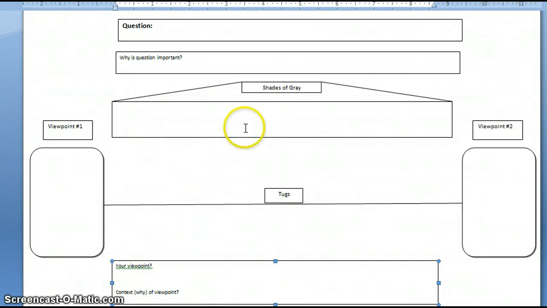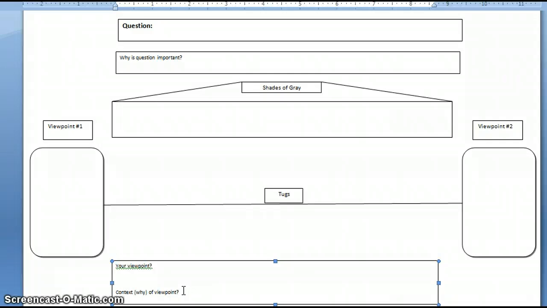Now, don't get stuck thinking that your viewpoint has to be on one extreme or the other. Remember, you've got these shades of gray, and you may have thought of other shades of gray as you go through the process as possibilities for how you feel about this issue. One of the things you're going to have to look at, and people have a hard time with this, is the context of your viewpoint.